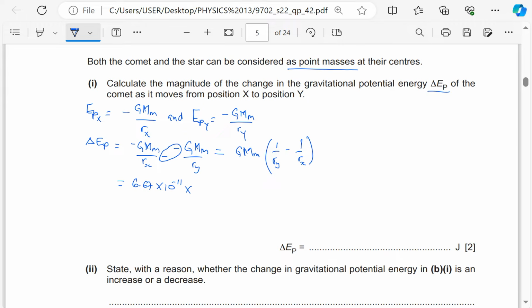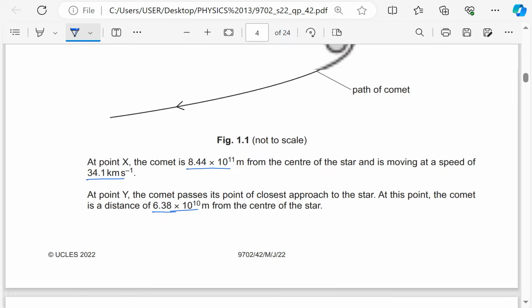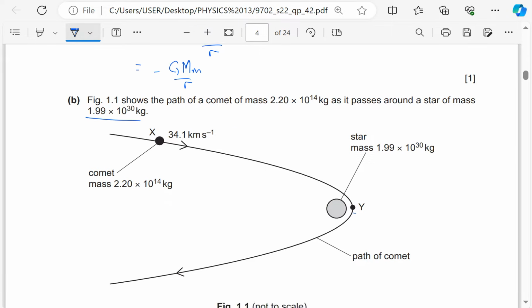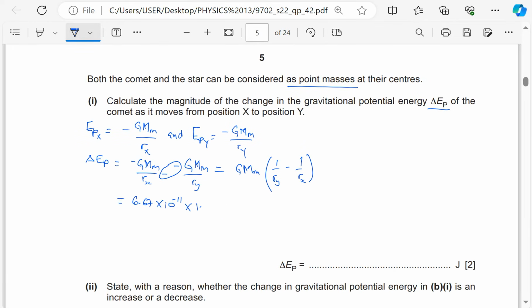Or capital M is, what is the mass of the star? 1.99, and the mass of the comet is 2.20. So this is 1.99 times 10 to the power of 30. Then the small mass is 2.20 times 10 to the power of 14. Then into brackets 1 over distance from y to the star.